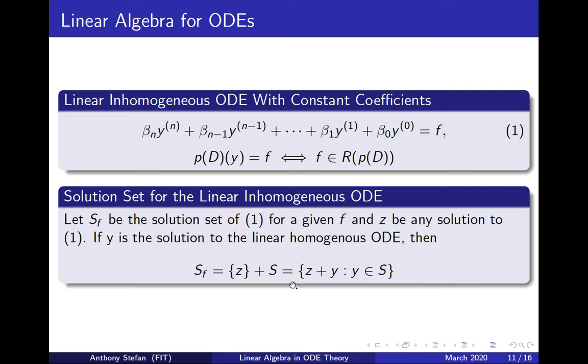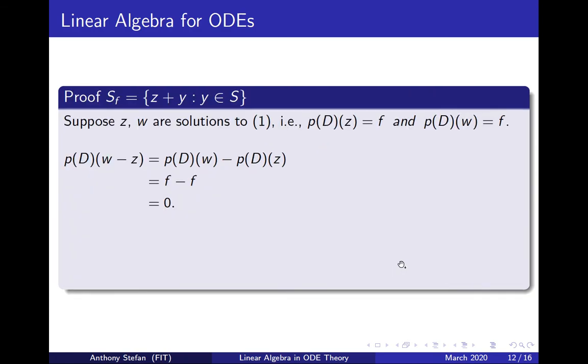So S sub F is just equal to the particular solution plus the general solution, where y is in S, which is just the homogeneous solution space. So let's prove that.